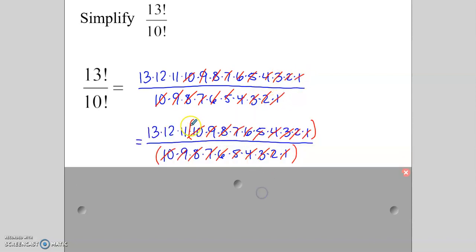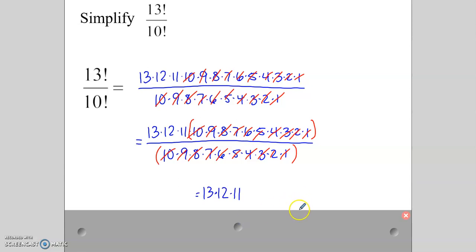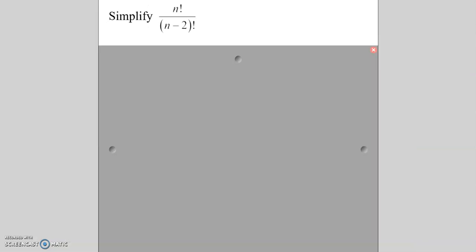Everything from 10 to 1 is in common. So the only stuff I'm left with is in the numerator: 13 times 12 times 11 is the result. So all I have to do is multiply those three numbers together, which is 1,716.